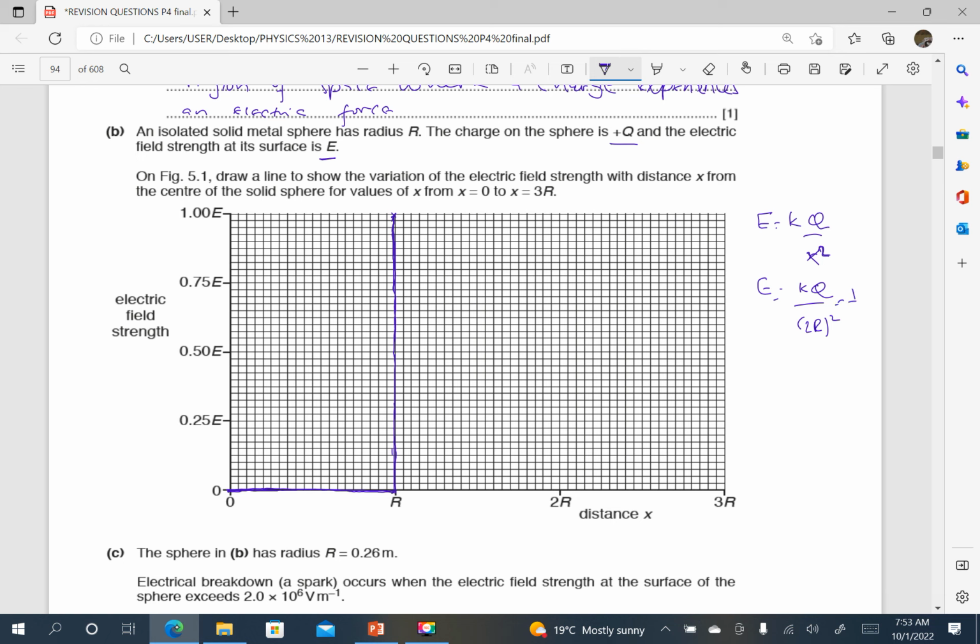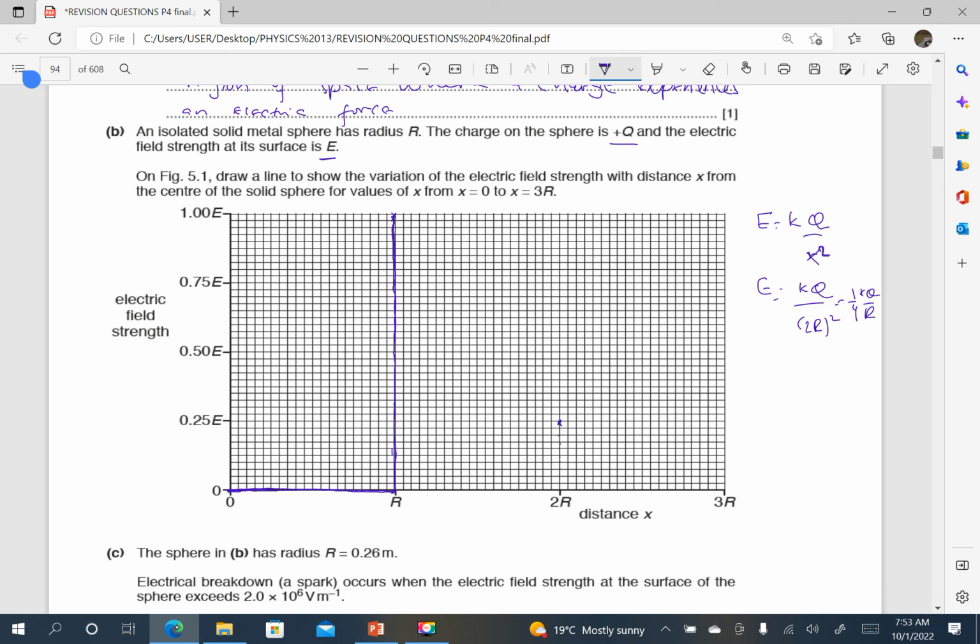So this becomes a quarter of KQ over r squared, which is a quarter of E. So a quarter of E is 0.25. So I'm going to look for 0.25 at 2r.